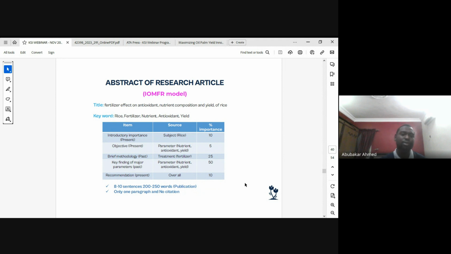You give recommendations on what can be done to improve or to adapt to the impact of climate change on rice production. By this you holistically have your own abstract, which will be read and will catch the attention of the readers. Because if the abstract does not contain these five key important aspects, then something is lacking in the abstract.